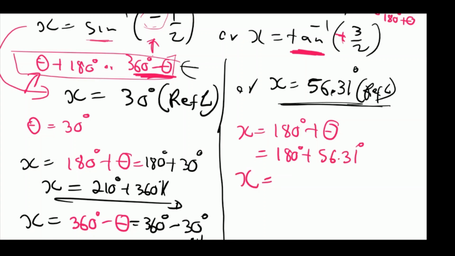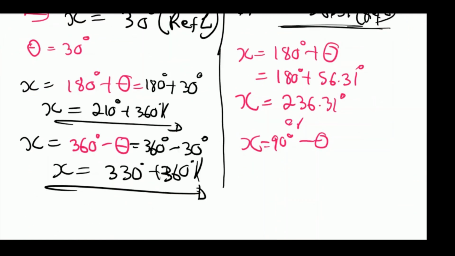So your solution of x is going to be 236.31 degrees, or another solution is going to be your 90 degrees minus theta, right?